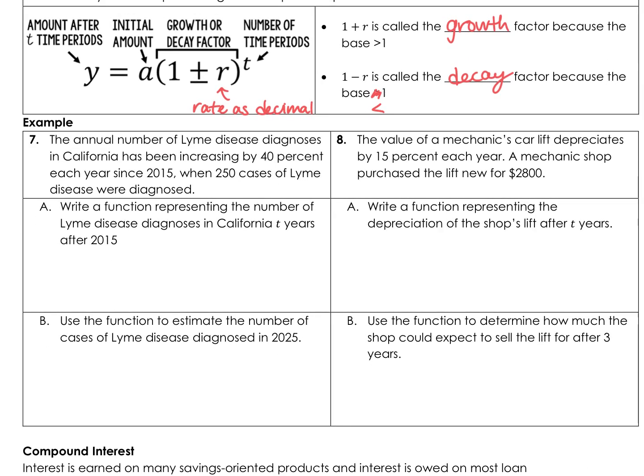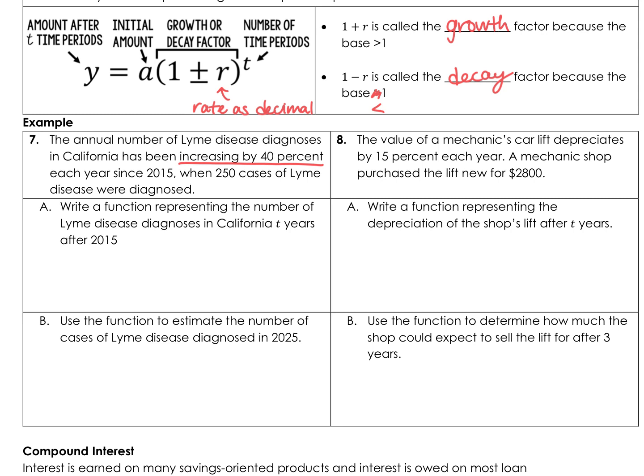We're using the equation at the top of the page. You've got the annual number of Lyme disease diagnoses in California. It says increasing 40% each year since 2015, when 250 were diagnosed. Okay, so you've got increasing by 40%, growth or decay? Growth.